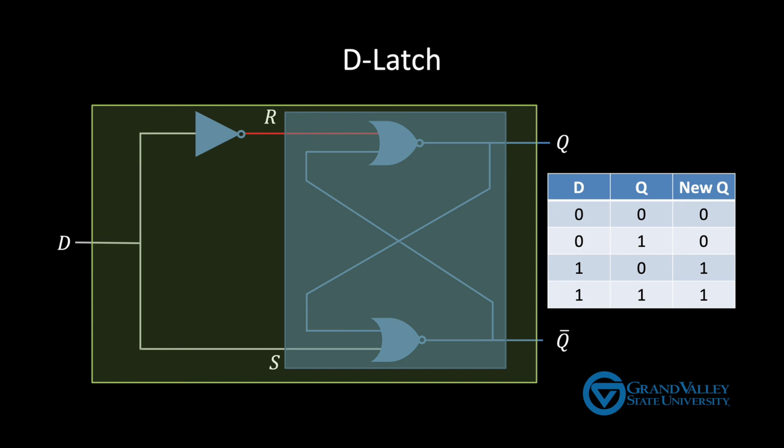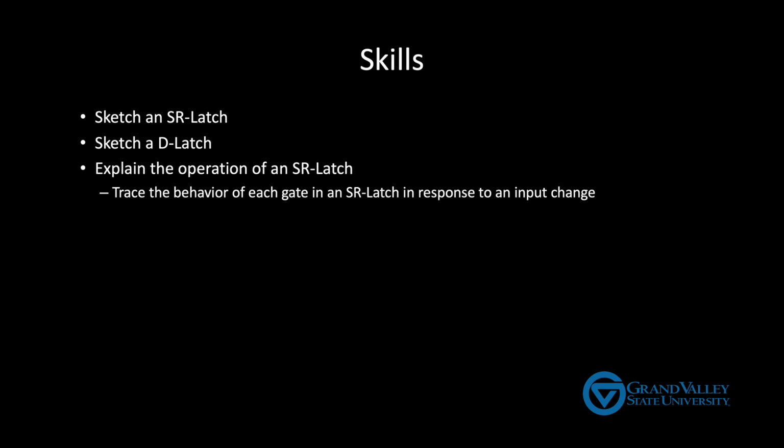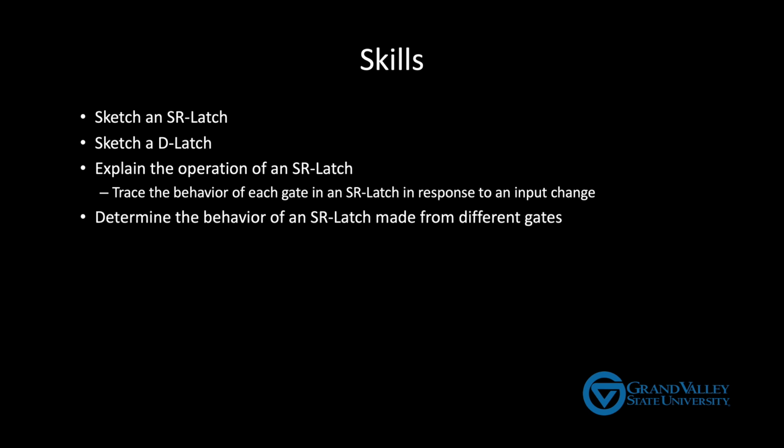Okay, so based on this video, you should be able to sketch an SR-latch and a D-latch. You should also be able to explain the operation of these latches. For example, you should be able to trace the behavior of each gate in an SR-latch in response to an input change. You should also be able to figure out the behavior of an SR-like latch made from different gates.